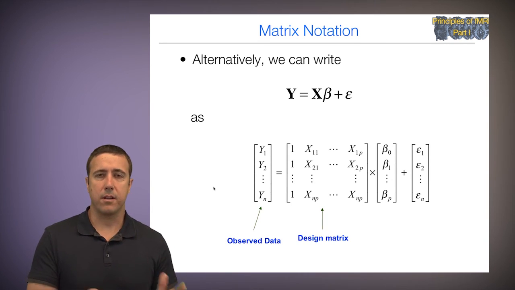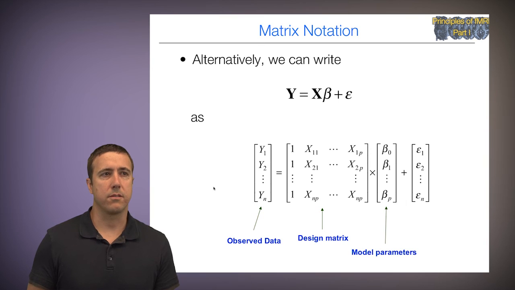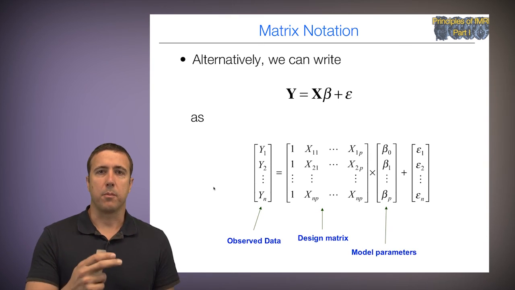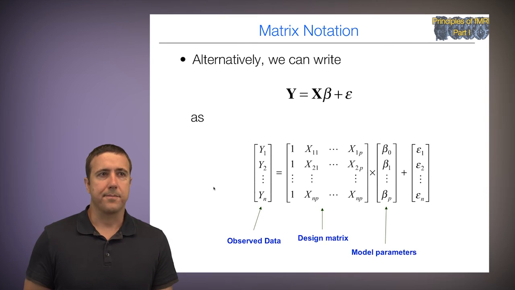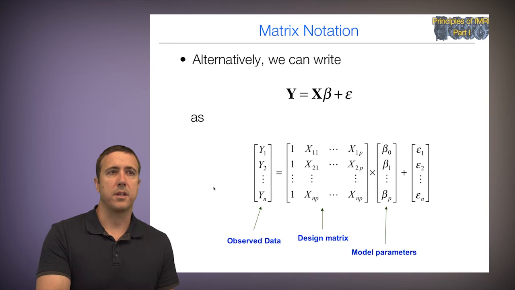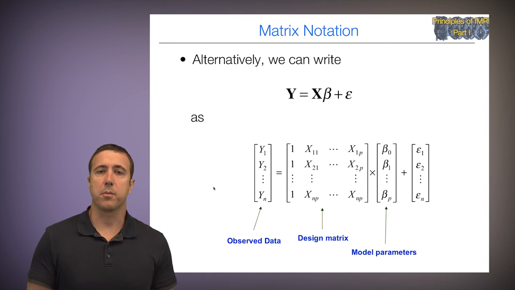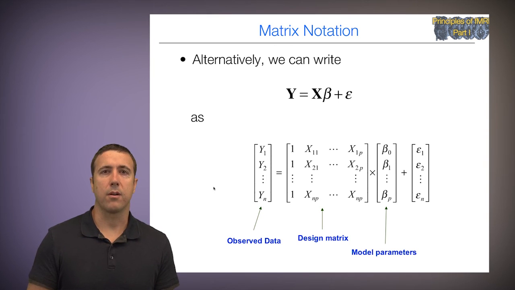The set of the intercept plus all the predictors together is called the design matrix. And that's a critical thing we'll be talking about in future lectures. The model parameters are what I'm estimating, and those are a series of beta values, from beta naught for the intercept here, continuing through beta 1 to beta p for as many parameters as I have in my model, plus a vector of errors or residuals.